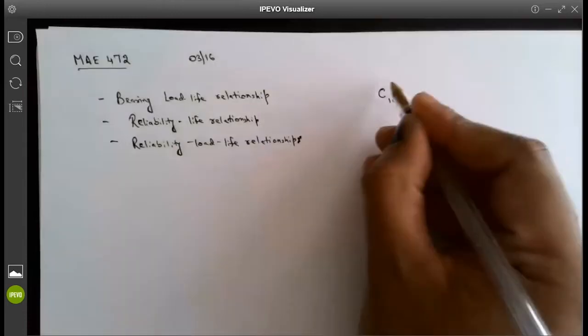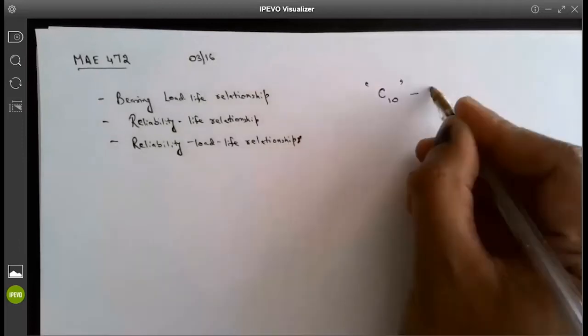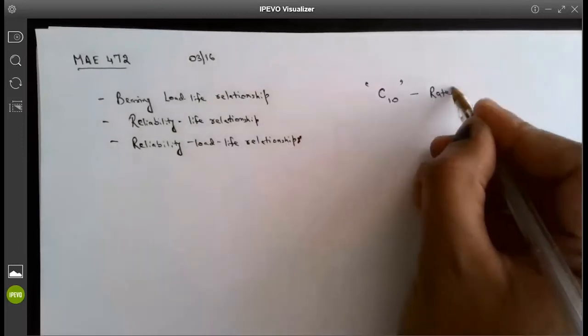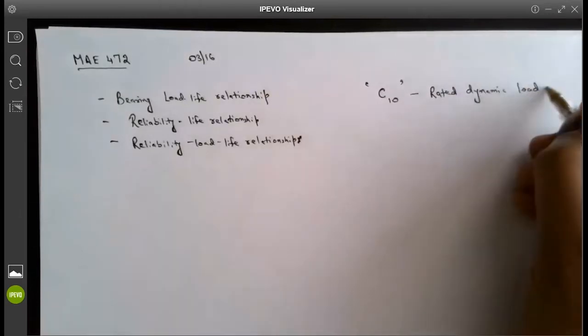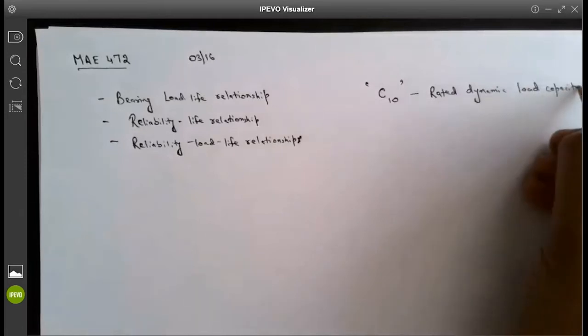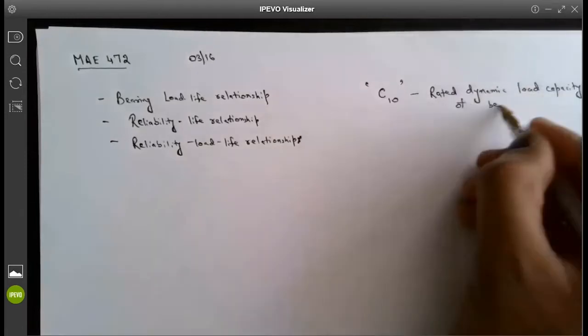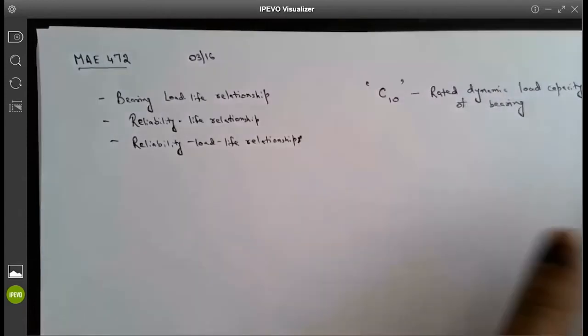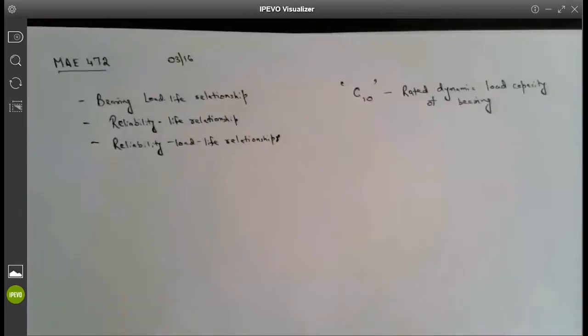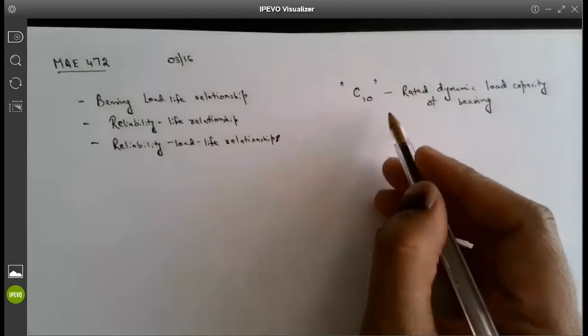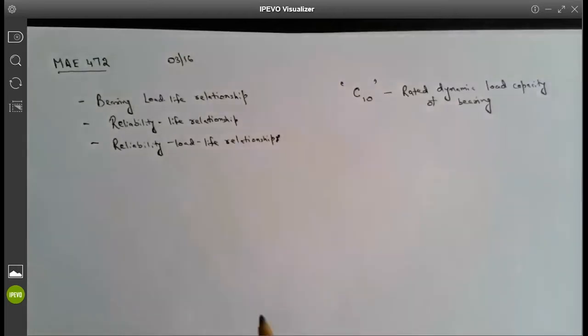This C10 load is the rated dynamic load capacity of a bearing, and it is a radial load such that 90% of a group of bearings should be able to complete 10 raised to power 6, or 1 million, revolutions without showing any evidence of fatigue failure.